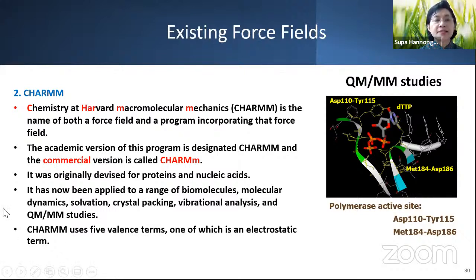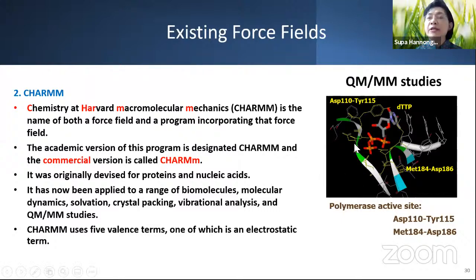This is fantastic for CHARMM. My students and I are also working on CHARMM-based QM/MM studies. The CHARMM force field uses 5 valence terms, one of which is an electrostatic term, also a very standard term. Here is an example of a QM/MM study on HIV-1 reverse transcriptase, where we can focus on the enzymatic reaction.